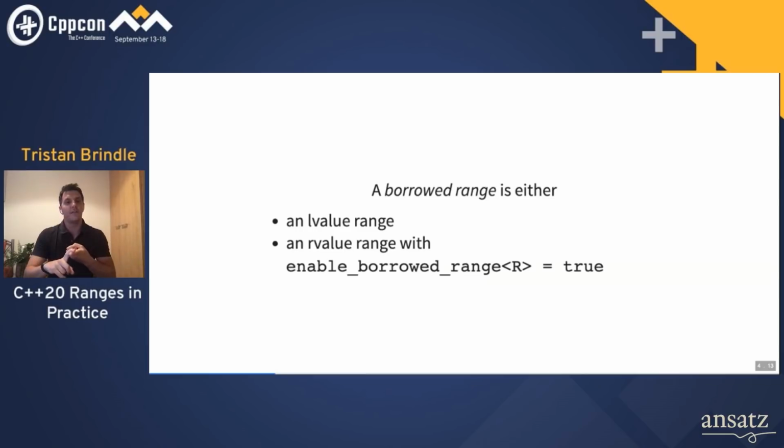So either an L value range or an R value range with this specialized trait, something like a string view or a span. So if we pass a borrowed range in, we get an iterator out. If we pass a non-borrowed range in, that's an R value which doesn't have the trait specialized, we're going to get a dangling object out of our algorithms. So this is a way, as I say, in which ranges helps protect you from making mistakes.